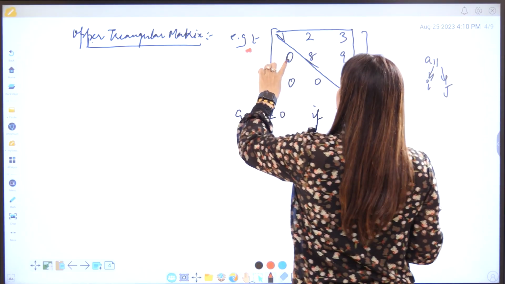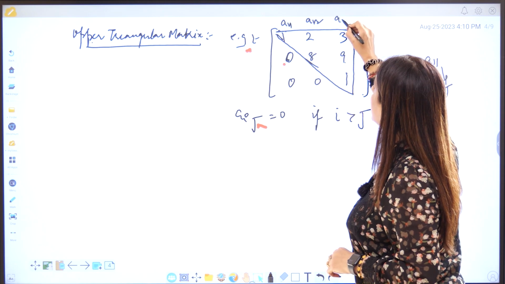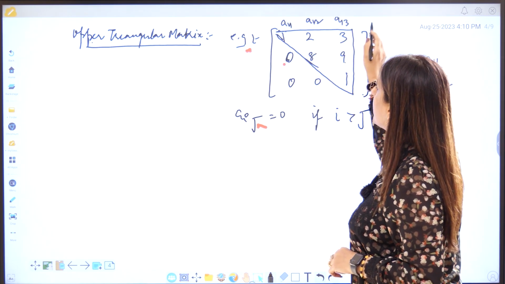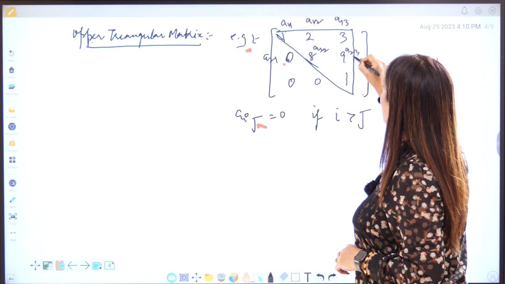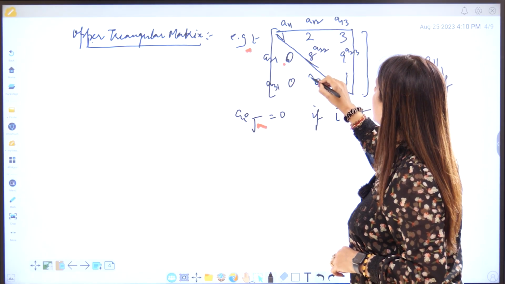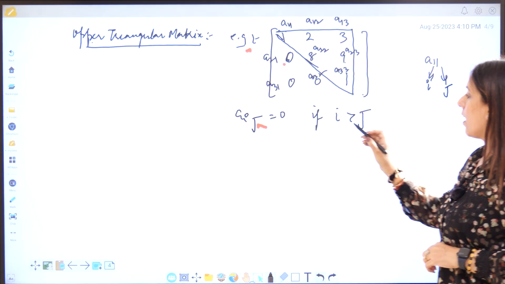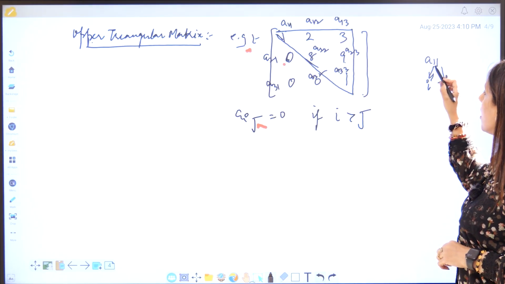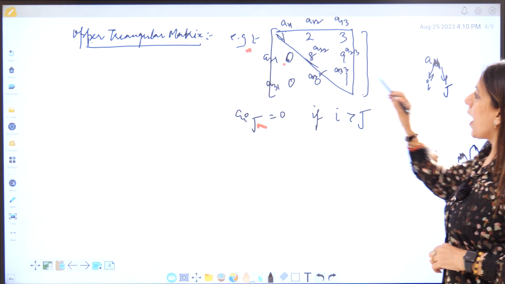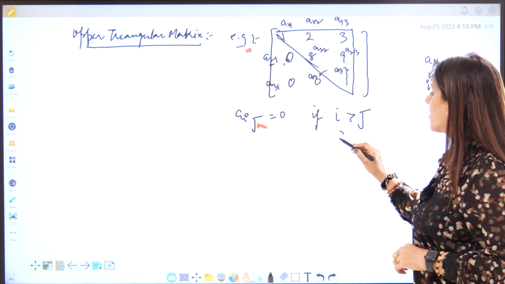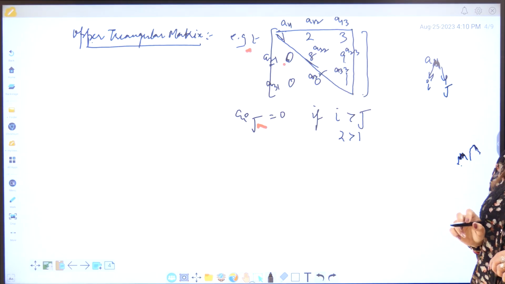For example, if I mark A11, 12, 13, 21, 22, 23, 31, 32 and 33, you can see that i denotes the row, and j denotes the column. i is 2, 2 is greater than 1, so that element should be 0 in the upper triangular matrix.